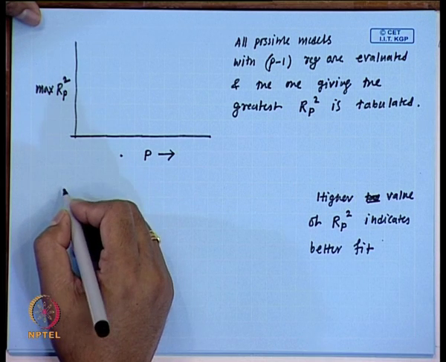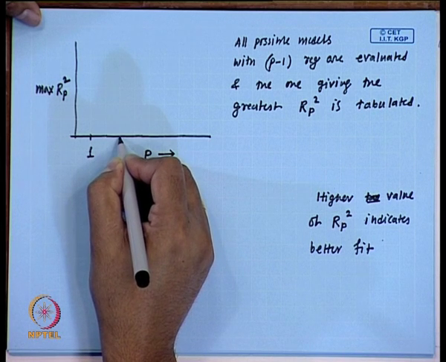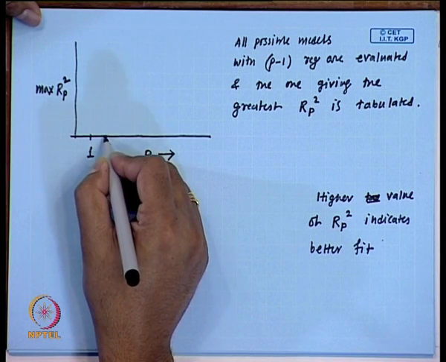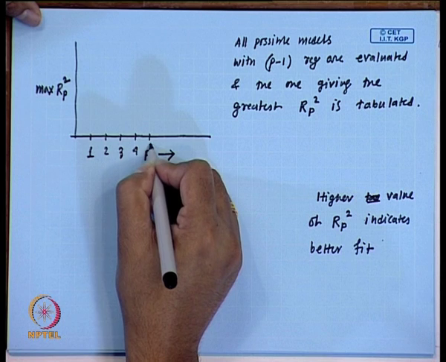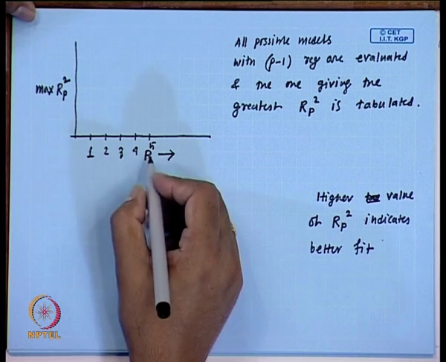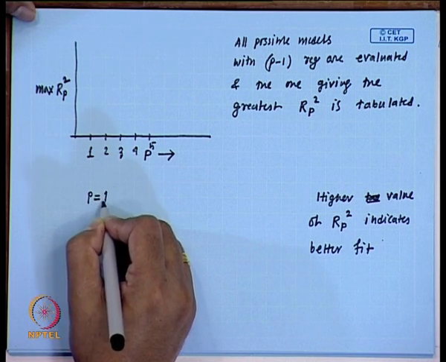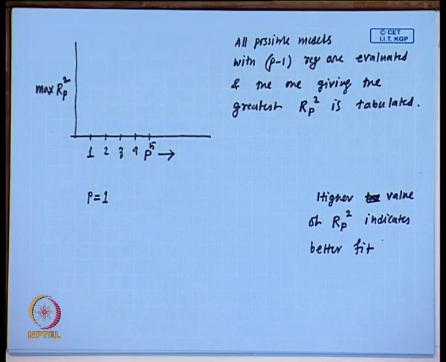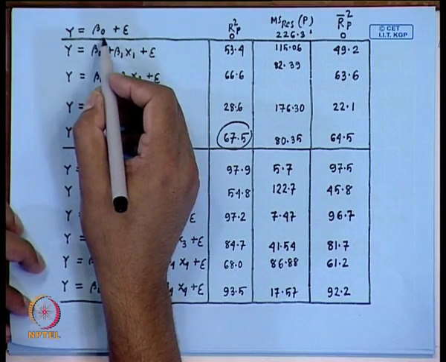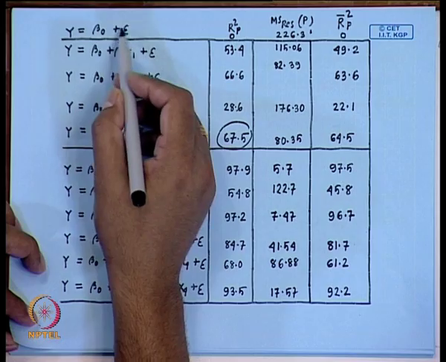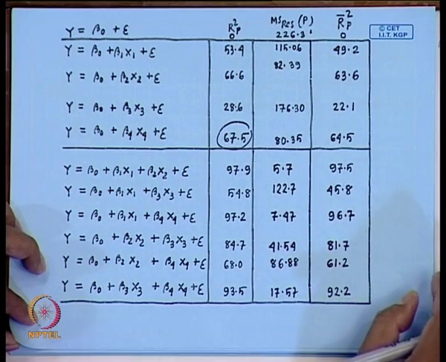Okay. So, let me take, this is my p equal to 1, p equal to 2, p 3, p 4, p 5. Now, when p equal to 1, that means there is only one unknown in the model, that means p minus 1 equal to 0, that means there is no regressor in the model. So, this is the model and the R p square value is equal to 0.